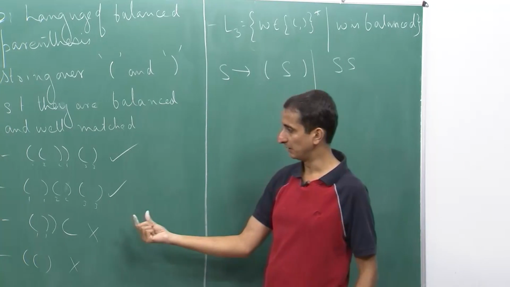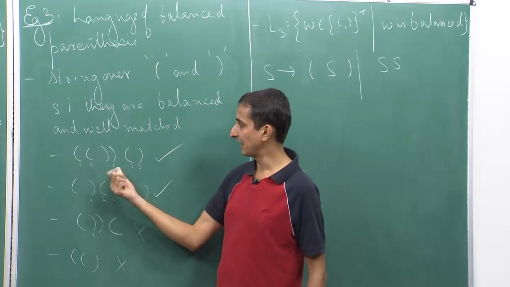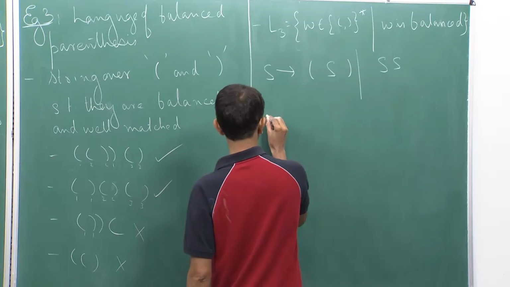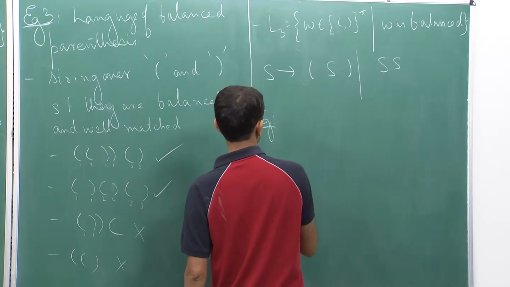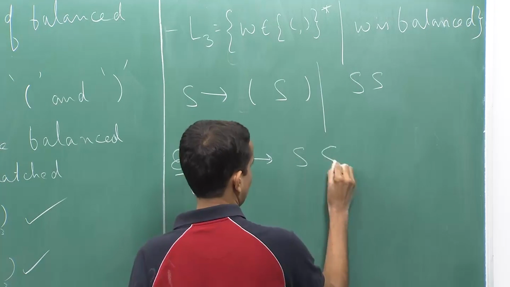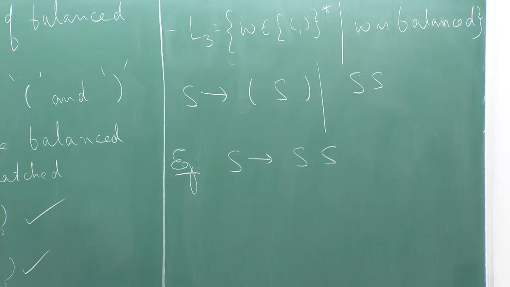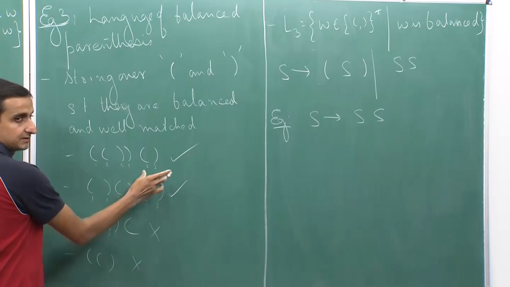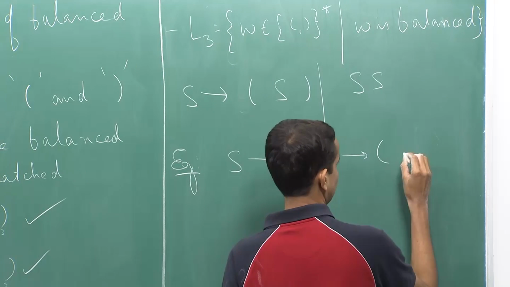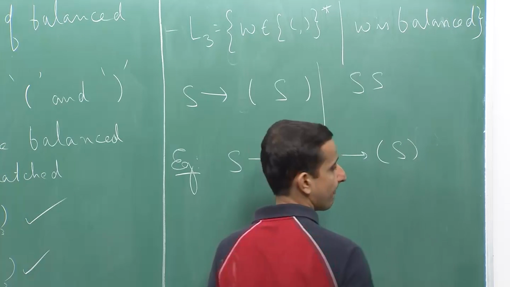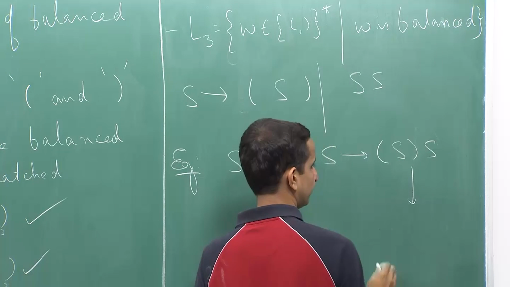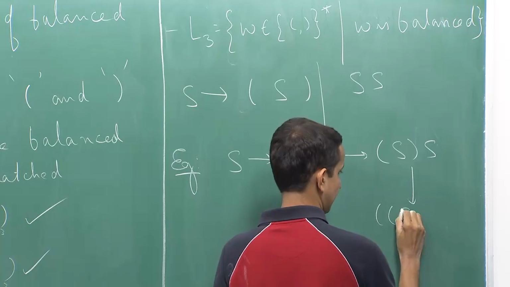Okay. So, if you look at this example, how do I generate the first string? Let us see this example. First I will replace S with SS, okay, because I want to have this part and this part. Now, I replace the first S with left S right and I have the second S. Then I replace again the first S with left S right.